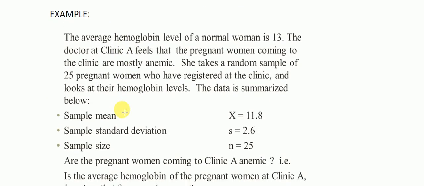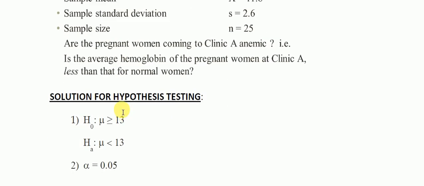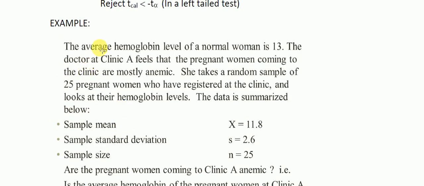So let's see one of the examples which will make things much clearer. The average hemoglobin level of a normal woman is 13. The doctor at clinic A feels that the pregnant women coming to the clinic are mostly anemic. She takes a random sample of 25 pregnant women who have registered at the clinic and looks at their hemoglobin levels. The data is summarized below.